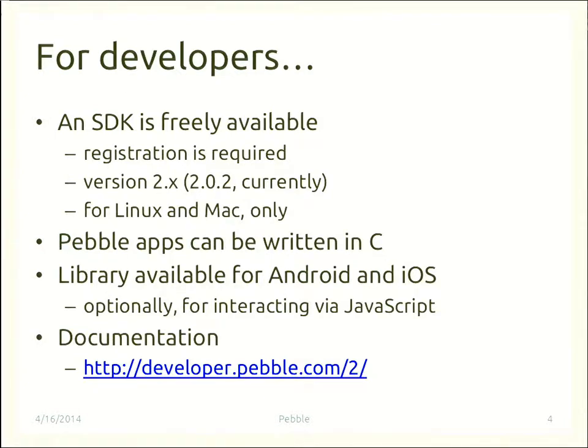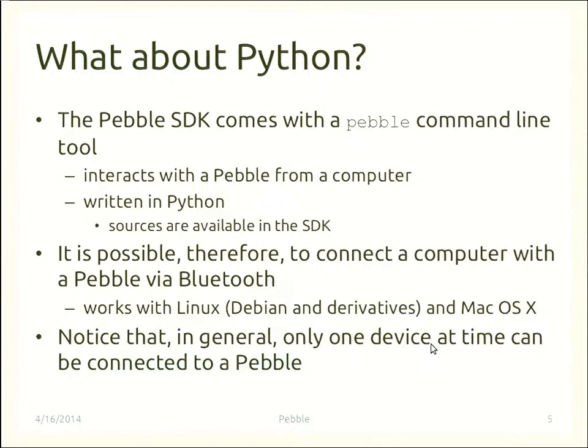Pebble apps, the apps that can be installed on the watch, can be written in C. There are libraries for Android and iOS, and optionally also for interacting with websites and web services through the internet connection of the smartphone. And on this website you can find quite good documentation.